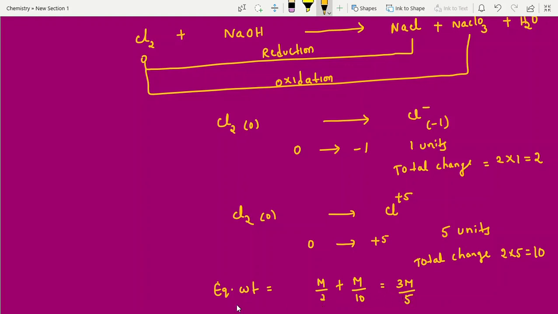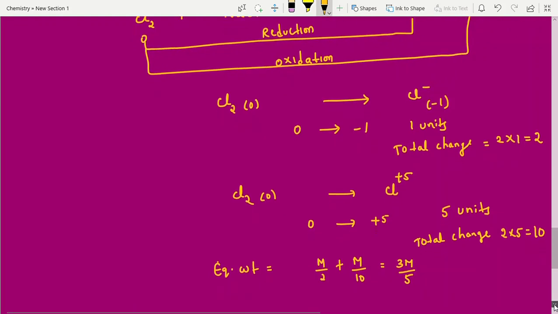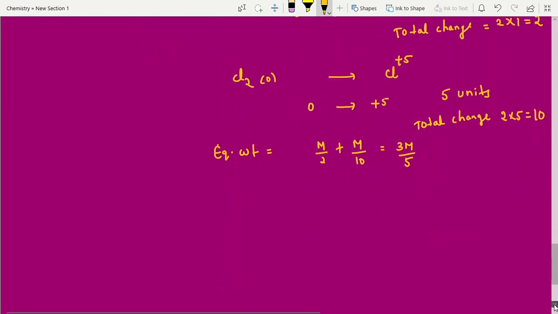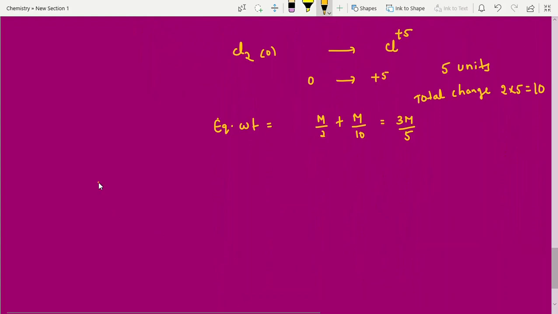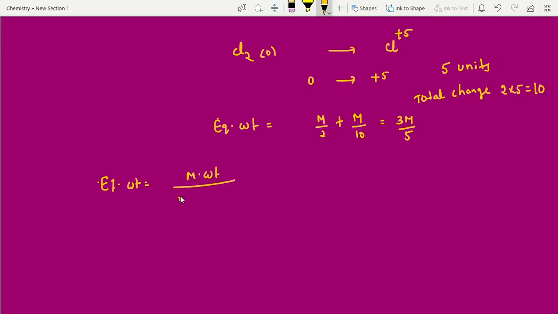This is the equivalent weight. Now, how to calculate the n factor? Equivalent weight equals molecular weight by n factor, right? As of now, you know the molecular weight and equivalent weight. Substitute here, you will get the n factor.